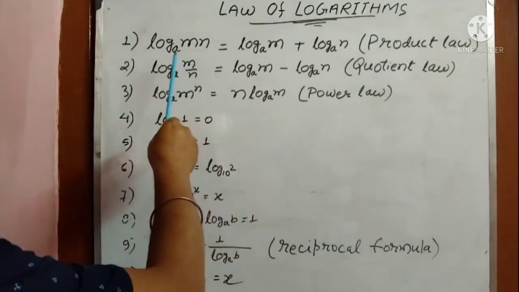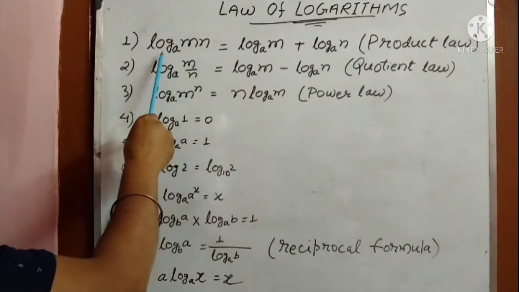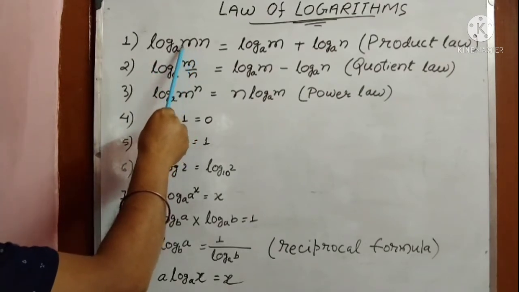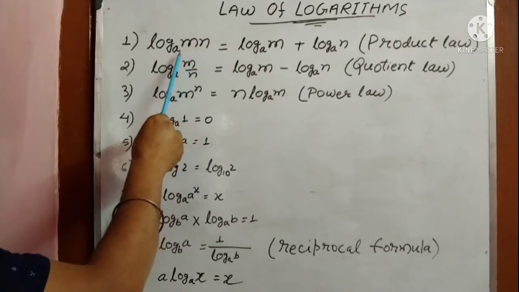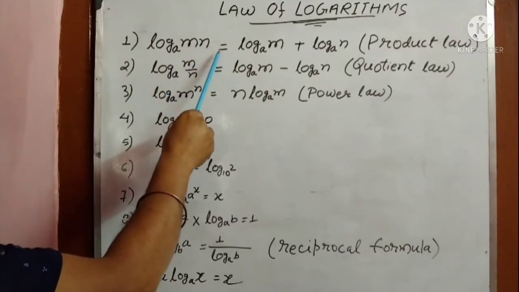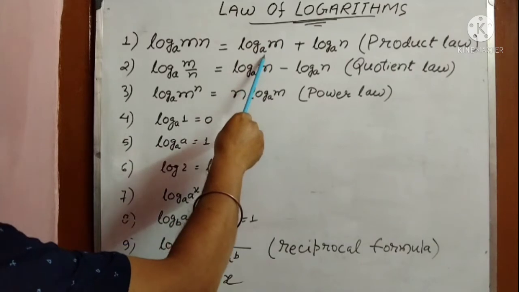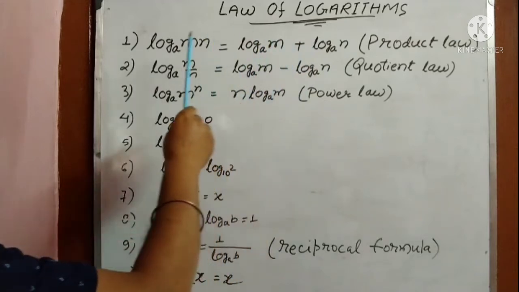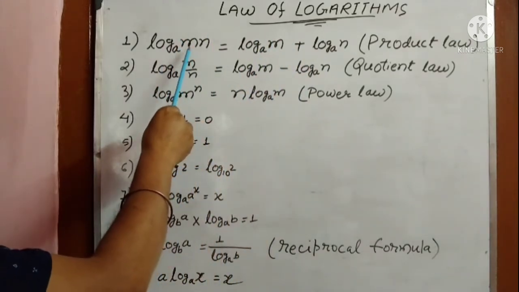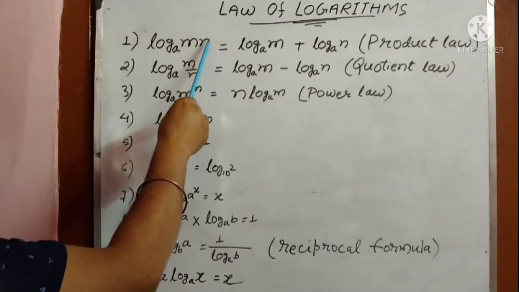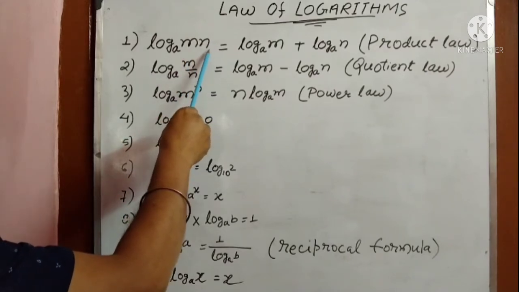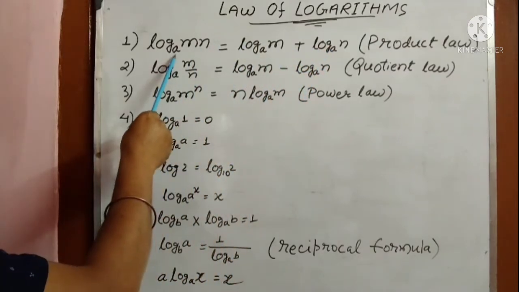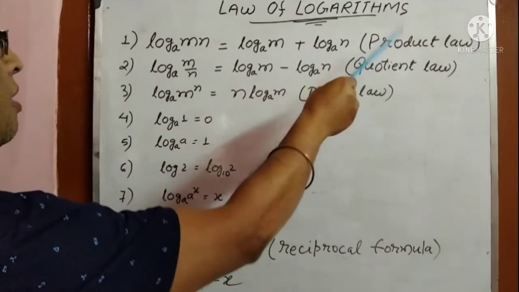What product law says is that log mn, that means log m into n to the base a, is equal to log m to the base a plus log n to the base a. So all the products you can write in the form of addition, with the same base. So this is the product law.